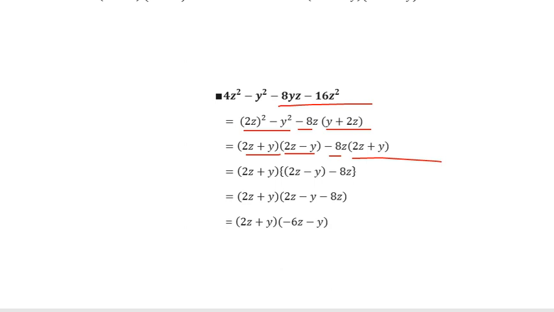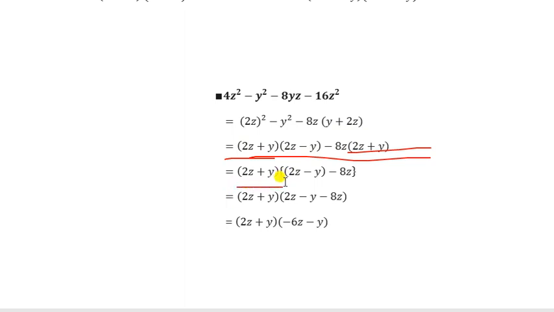Now if you see this expression, easily we can take one more common, that is (2z + y), this (2z + y) and here also (2z + y). If we take (2z + y), which term will be left? (2z − y) − 8z. See, (2z − y − 8z).